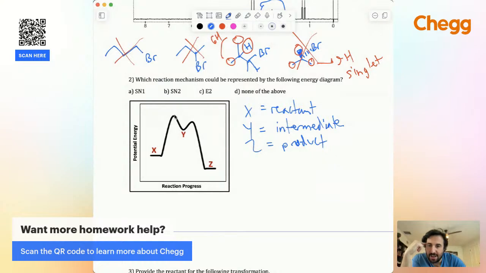And then we have transition state 1 and transition state 2. The transition states are the highest energy moments, so to speak. They're the highest part of the hill that if you achieve that transition state, it will proceed to the next intermediate or product.